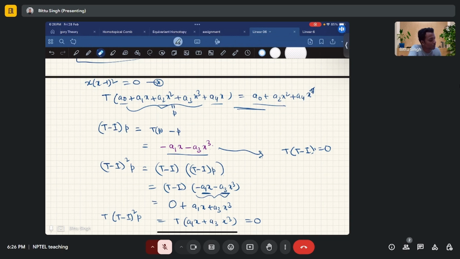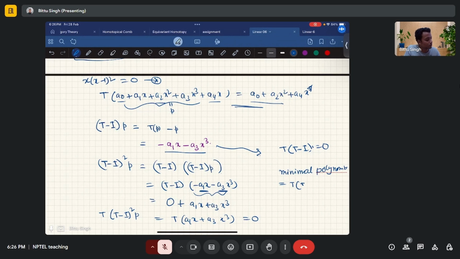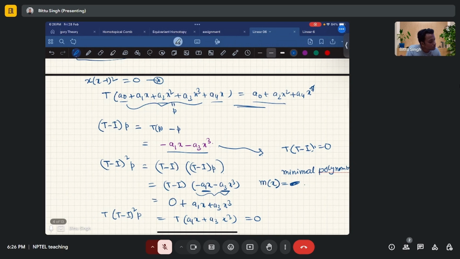So the lowest degree polynomial, therefore the minimal polynomial, instead of T we write x, is denoted by m. The minimal polynomial of T is x times x minus 1.